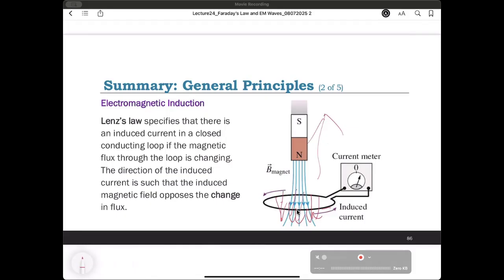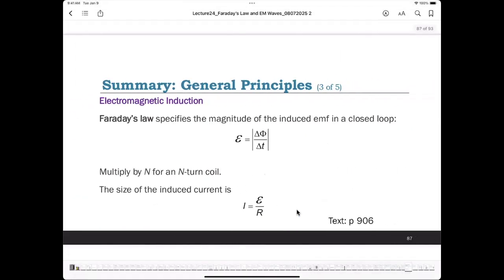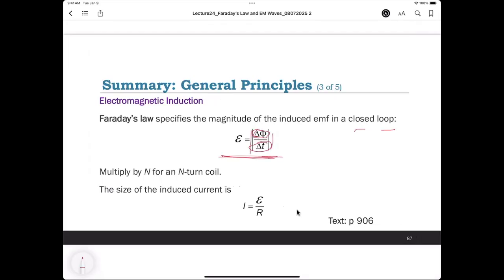Okay, let me continue. Then in this class, we talk about Faraday's law. Faraday's law specifies the magnitude of the induced EMF in a closed loop. We use the change in magnetic flux and the change in time, and with this equation we can get the induced EMF.